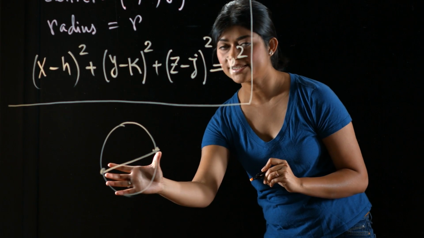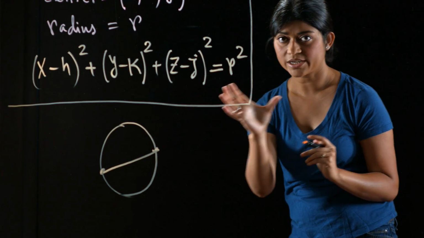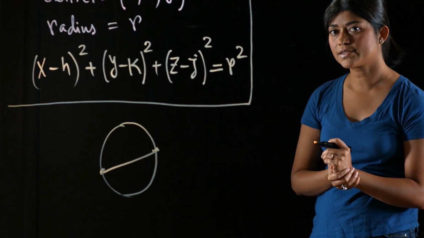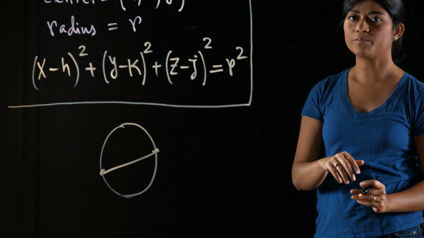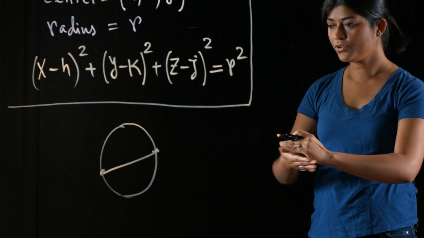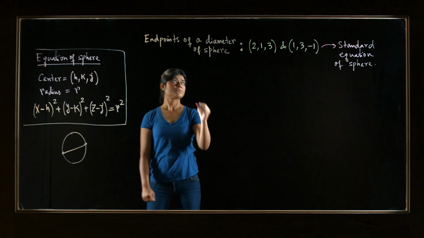If we find the distance between the 2 points, that's the diameter. And how do we get the radius? Radius is just half that length. So the radius is half the distance between the 2 points. So let's do that first.